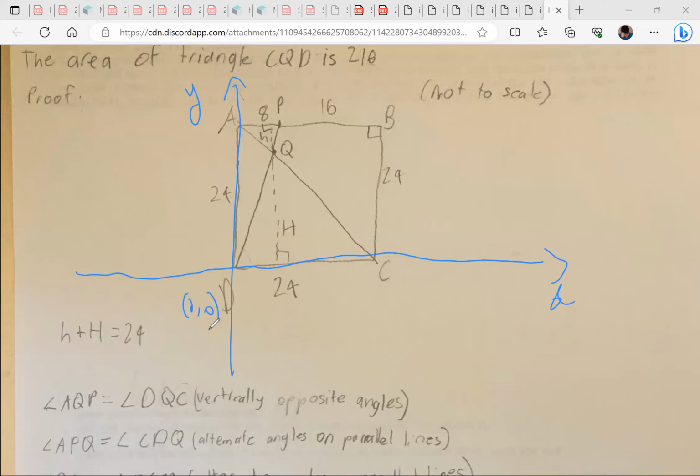Okay, so now what you want to do as an exercise, even if you don't need it, is to find the coordinates of all the points and the equations of all the lines. So who can tell me the coordinates of C? 0, 24. Okay, so what about B? 24, 24.